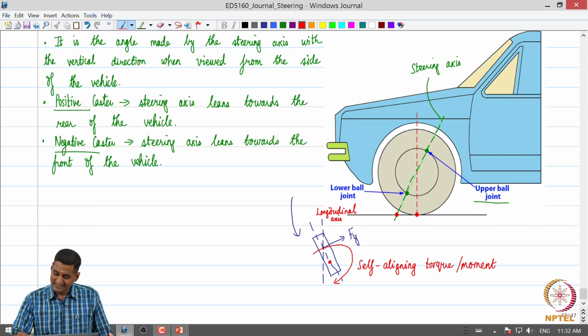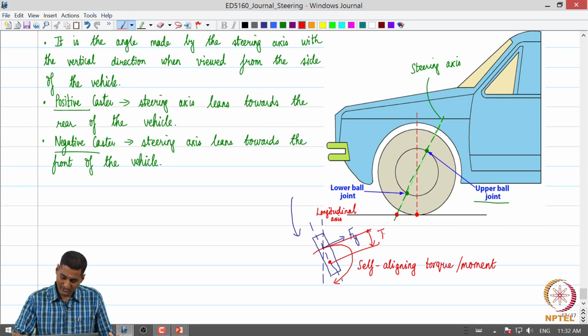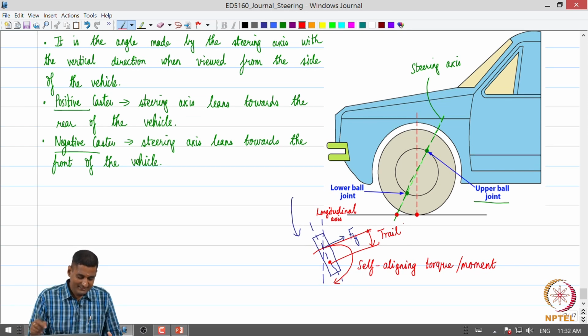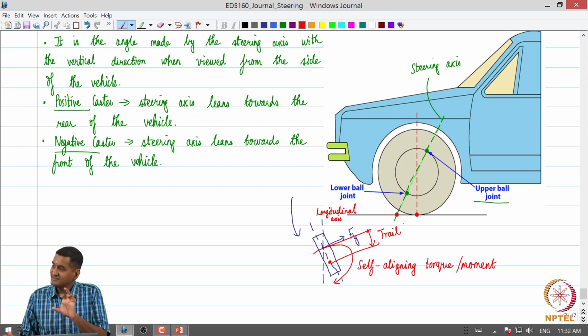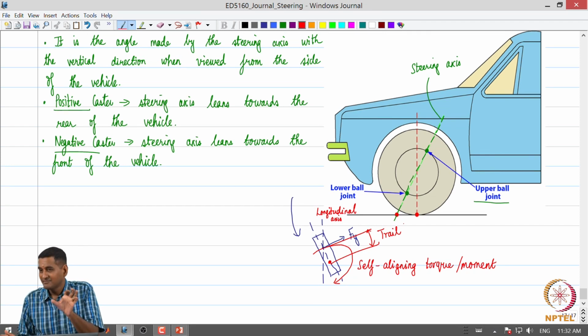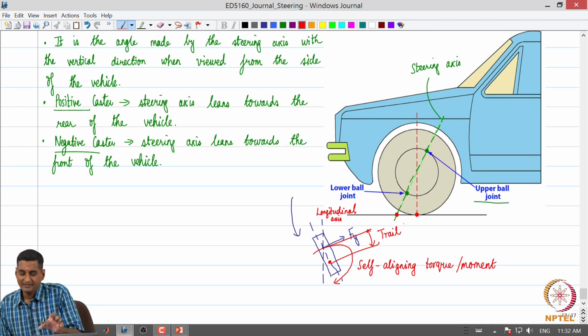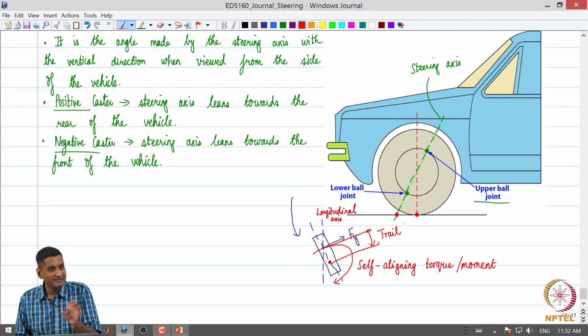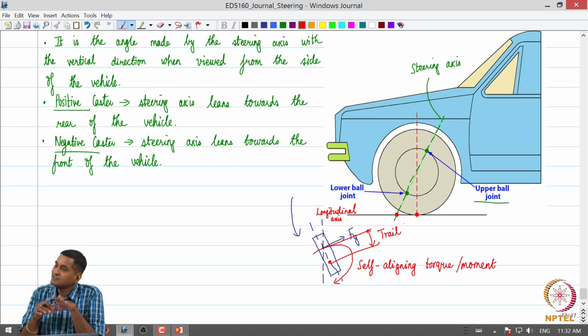So, this distance is what is called the trail. Of course, we need to analyze it very carefully, but from a very simple perspective, this trail times the lateral force will give us the magnitude of this self aligning torque.